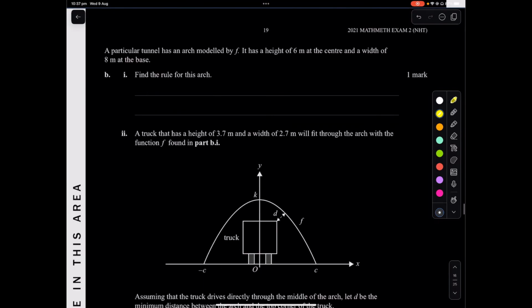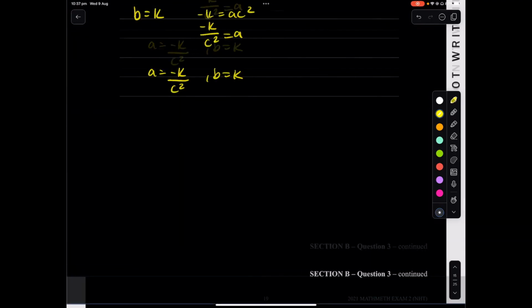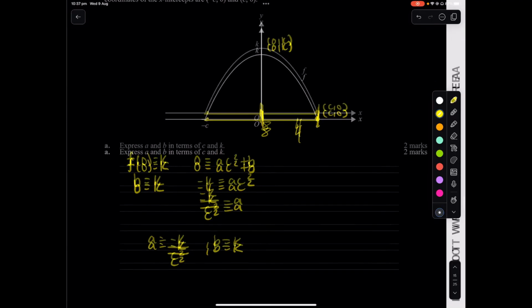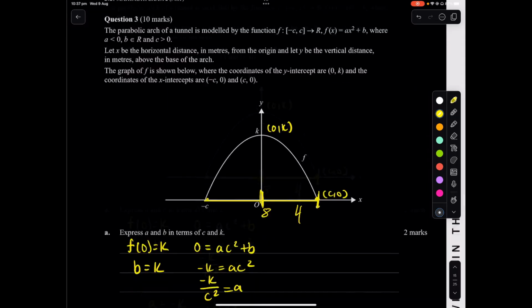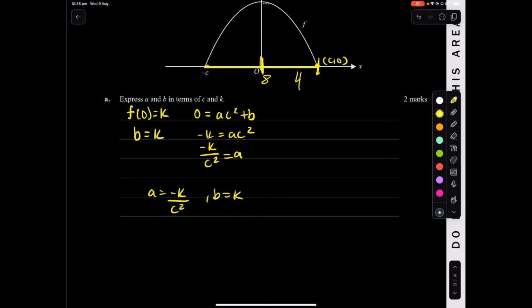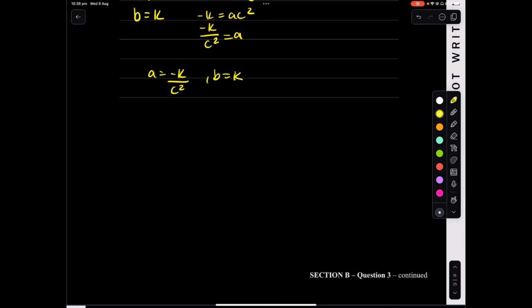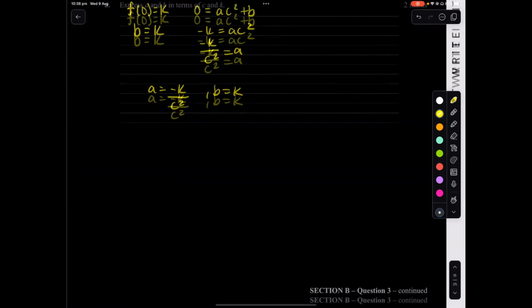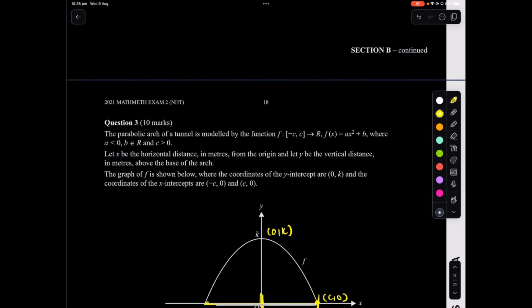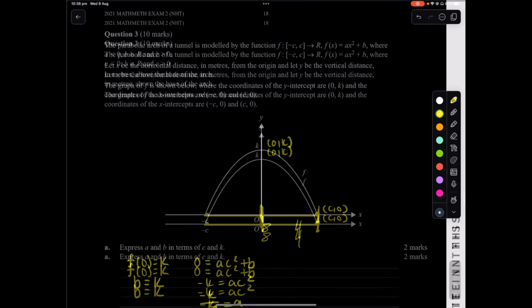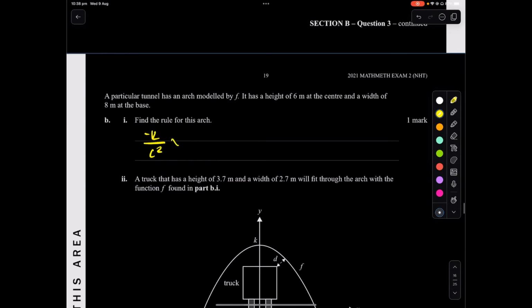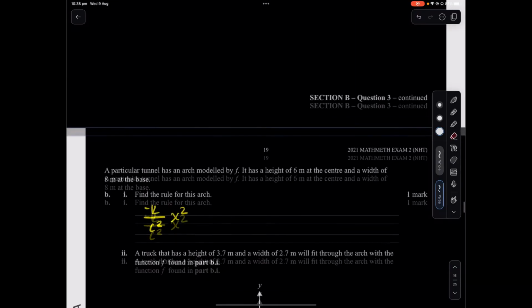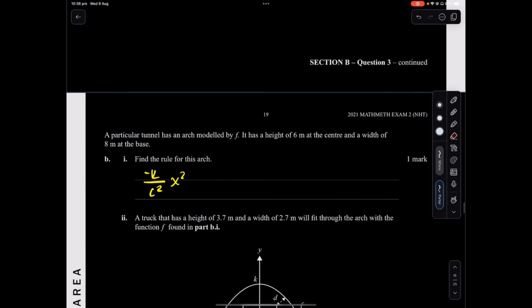So state the rule. Okay, this is nice. So we know that a is negative k over c squared, so it's negative k over c squared x squared plus b, but b is plus k.